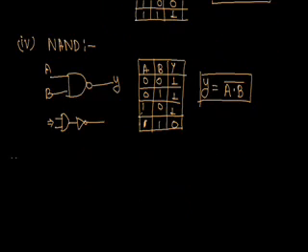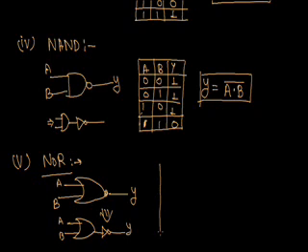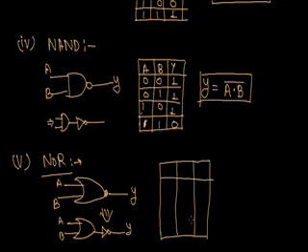Another is the NOR gate. This is also simple, with A, B and Y. The truth table will be like A, B, Y: 0 0, 0 1, 1 0, 1 1.